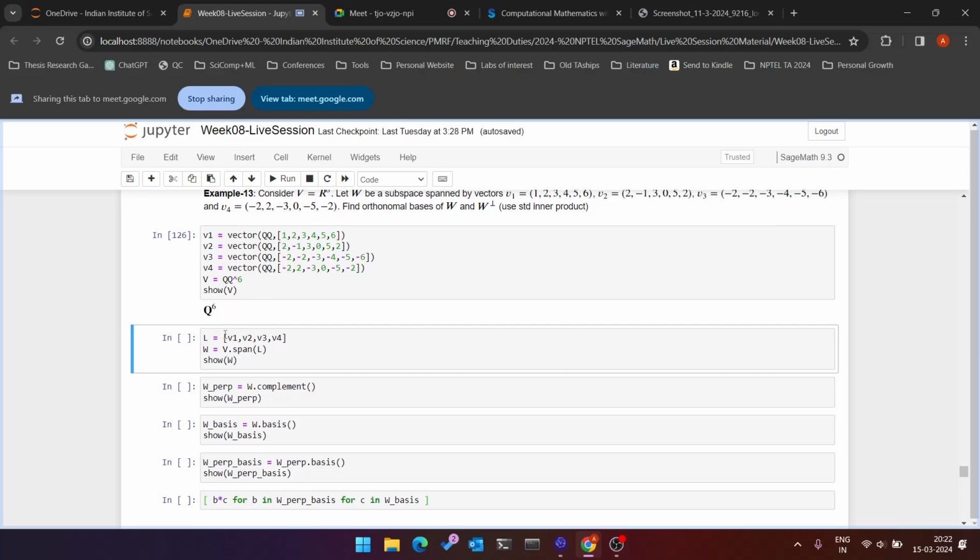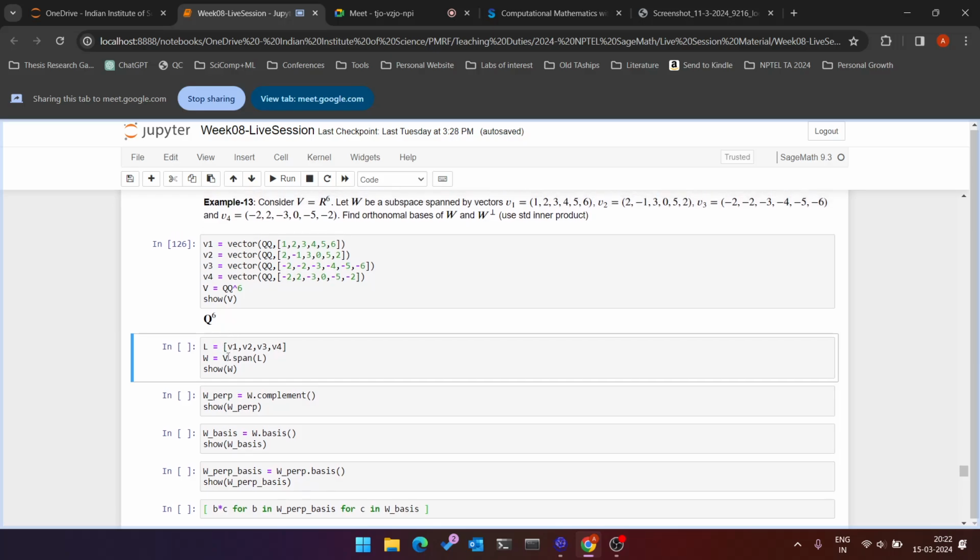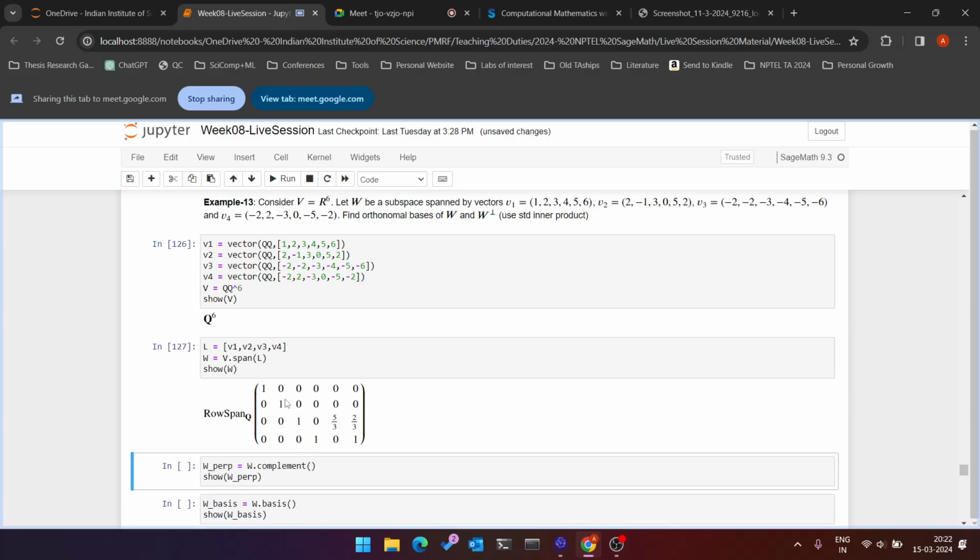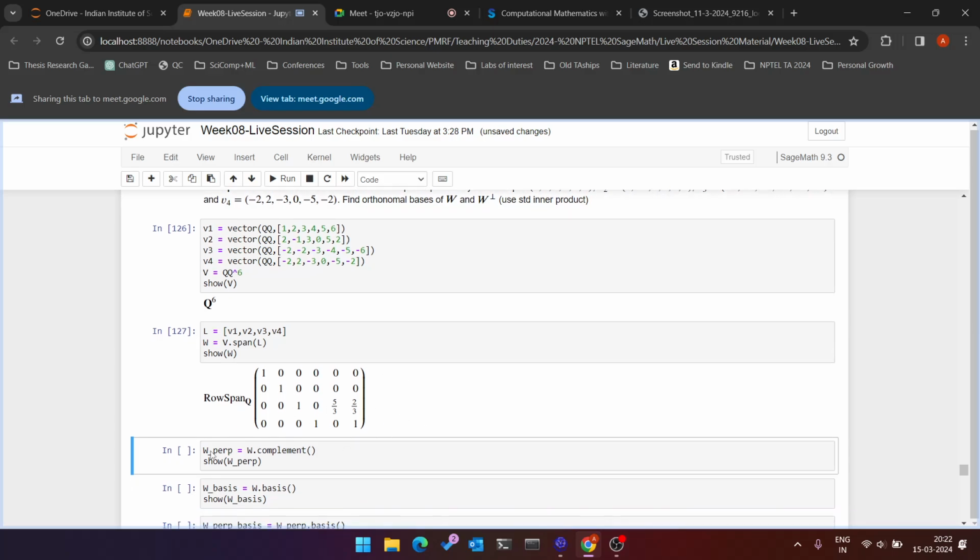And then the subspace W is basically V dot span of L itself. So if I show W, I get a row space with four independent rows. So it has dimension 4, with 6 by 1 vectors.